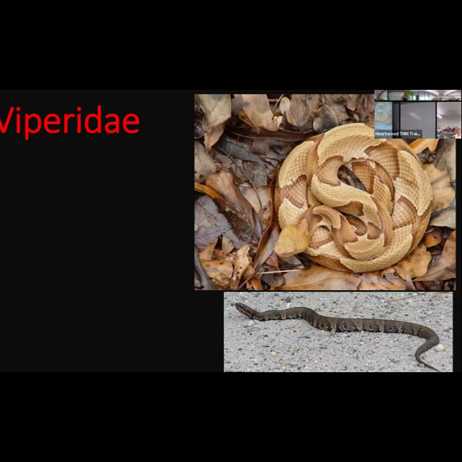Yes, ma'am. Is it true that the smaller copperheads are just as venomous as the adult? So that's a great question. A lot of people typically think that the venom of baby snakes is more potent than that of the adult snakes. It's the same chemical compound.